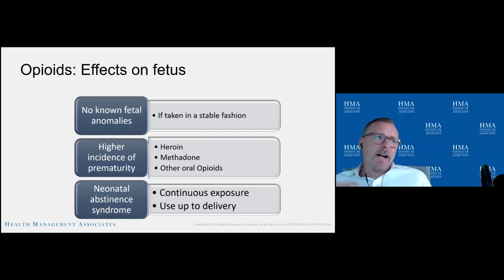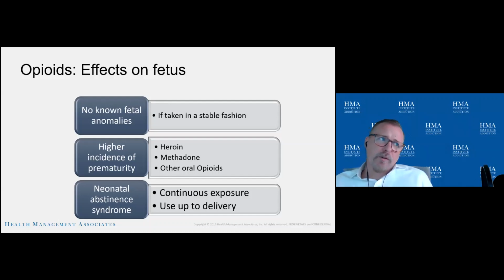When we look at the higher incidence of prematurity, definitely if someone's still using heroin, there's a super high incidence of prematurity, because they're going through these cycles of intoxication and withdrawal. And as you get closer to the third trimester of pregnancy, if you go into severe withdrawal, that can increase your risk of preterm labor. And then also nutritional supplementation and vitamin intake, thiamine, folate, all of those other things that become really important for maturation of a fetus in that setting are not great.